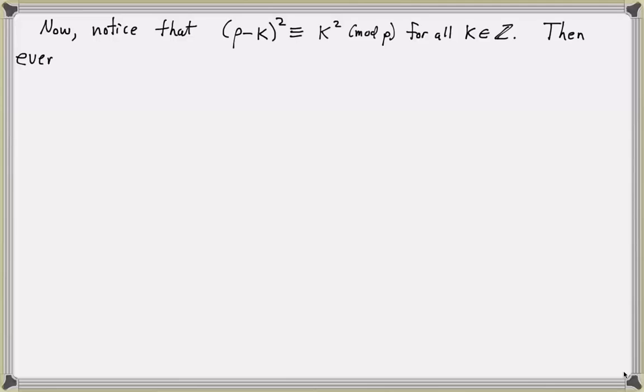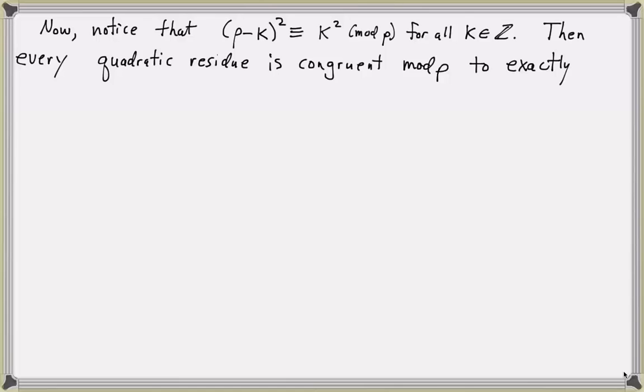Then every quadratic residue is congruent mod p to exactly one of the numbers 1 squared, 2 squared, up to ((p minus 1) over 2) squared.